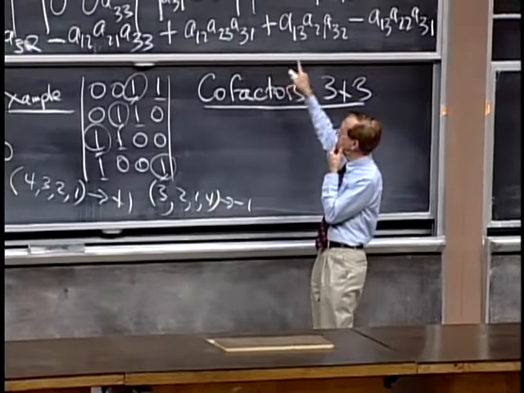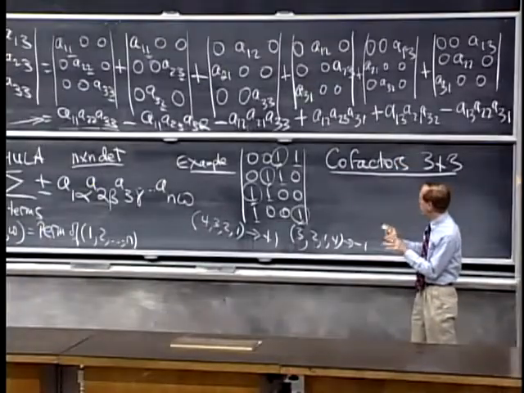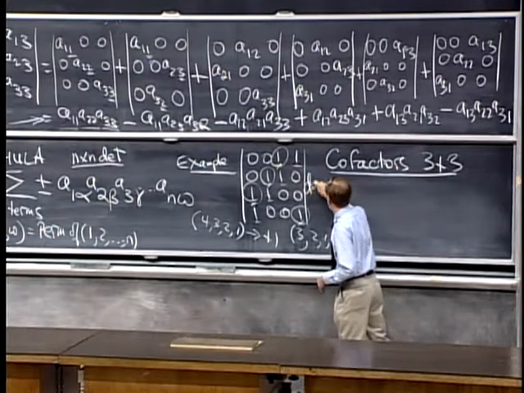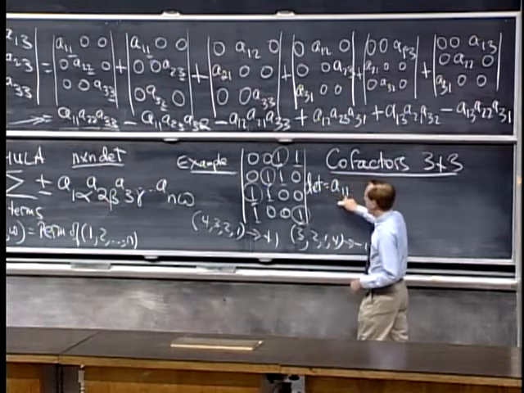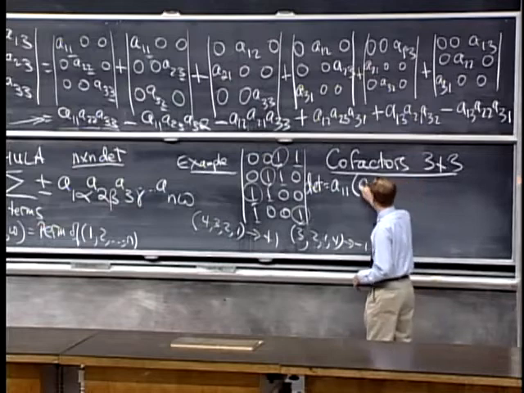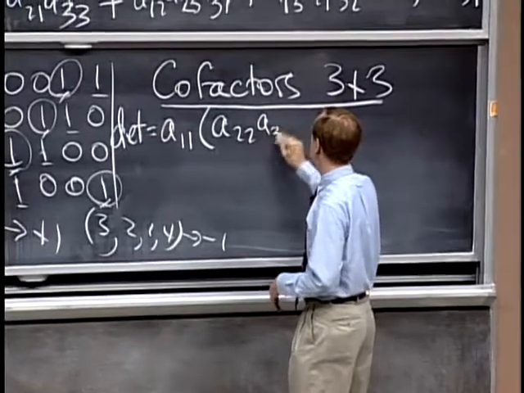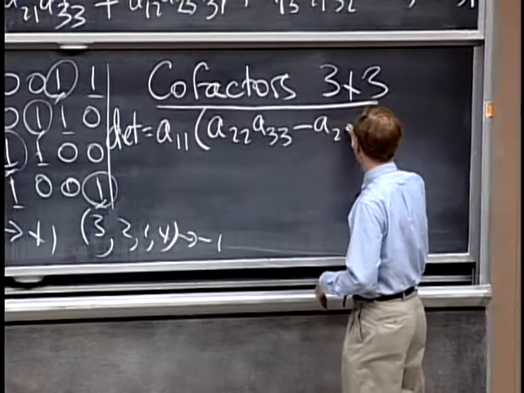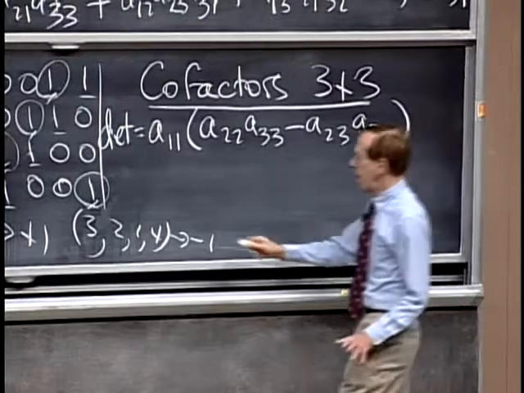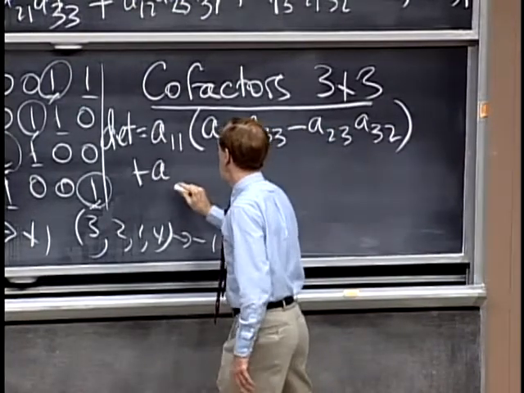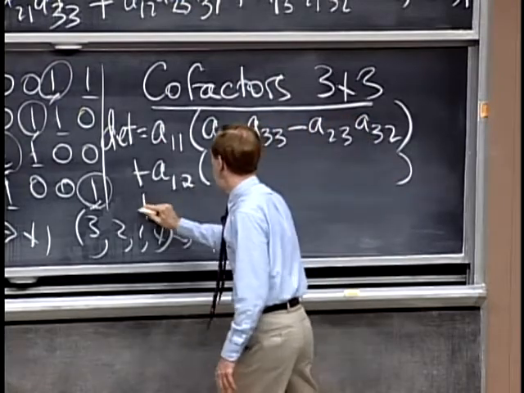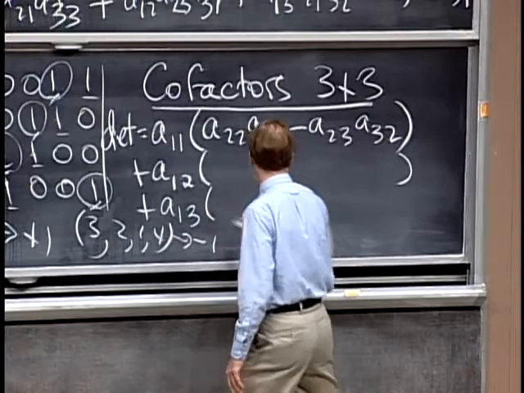I'm going to take the exact formula, and I'm just going to write it as A11 times what? This is the determinant I'm writing. It's A11 times A22, A33 minus A23, A32. Then I've got the A12 stuff times something, and I've got the A13 stuff times something.